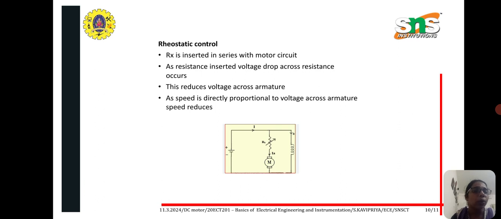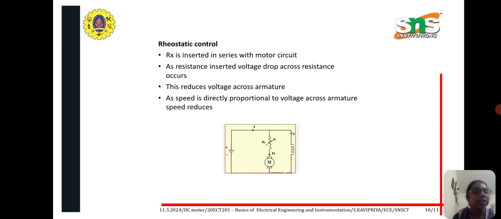As we all know, the speed of the motor is directly proportional to the voltage available across the armature. Since there is a voltage drop across the series resistance, the voltage across the armature is reduced.